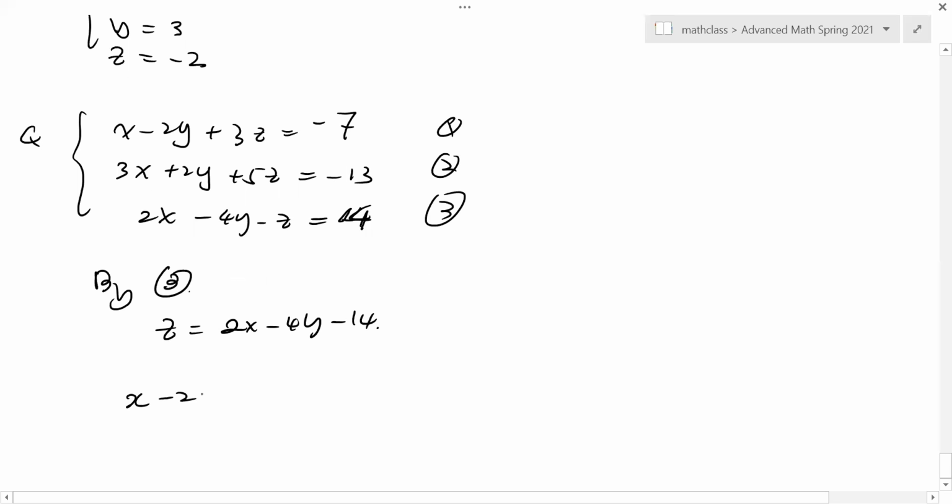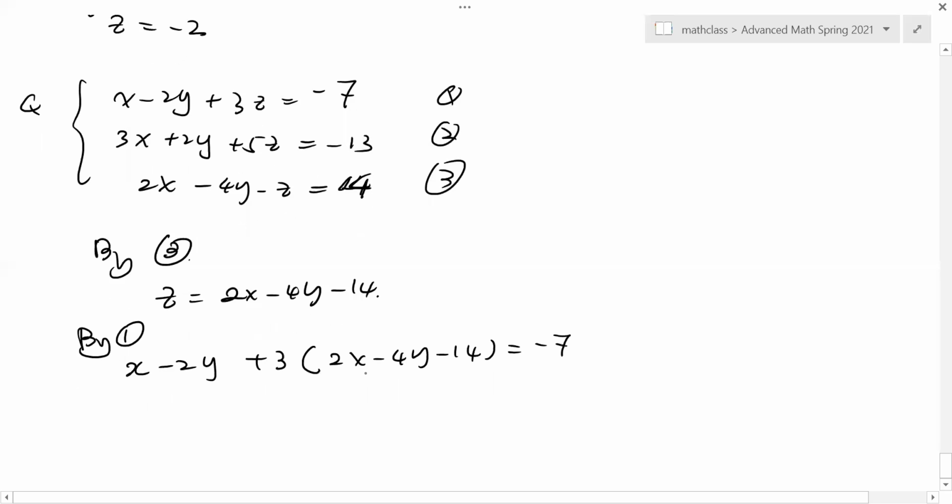Okay, x minus 2y plus 3z, so 3 times 2x minus 4y minus 14, equals negative 7. Let's simplify it, be careful.